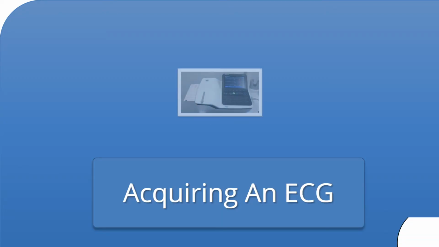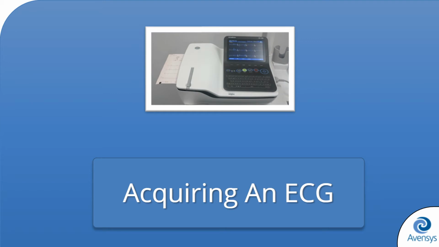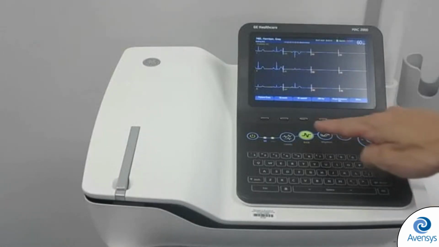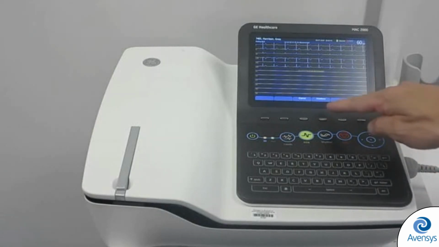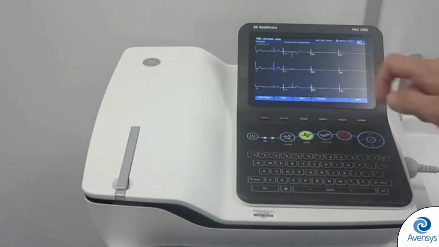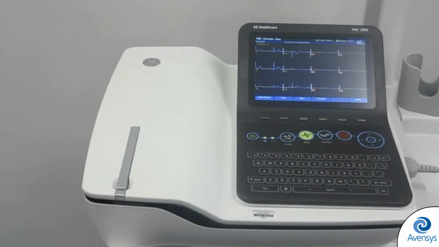Acquiring an ECG. With the leads connected to the patient, whilst in the resting ECG mode, press the ECG button on the keypad. The system will acquire a 10-second ECG and display a print preview. Press the Continue soft key to print.